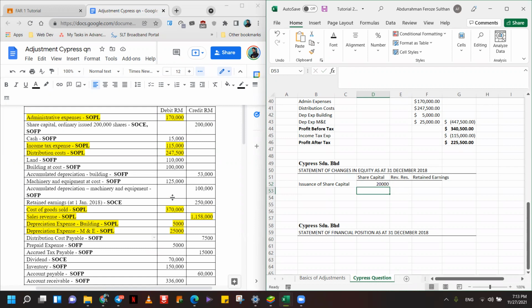Now we have to calculate the retained earnings, right? The way it's calculated is you take the brought forward retained earnings from the beginning of the year, which is right over here. January 1st retained earnings, that is 250,000.